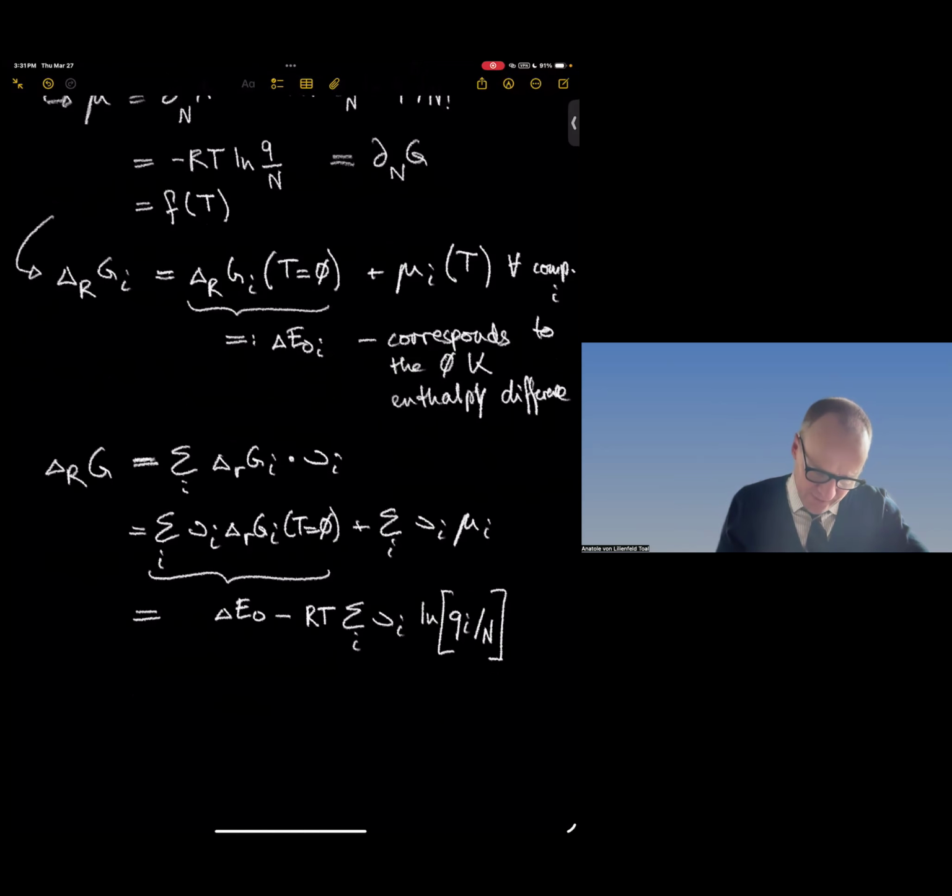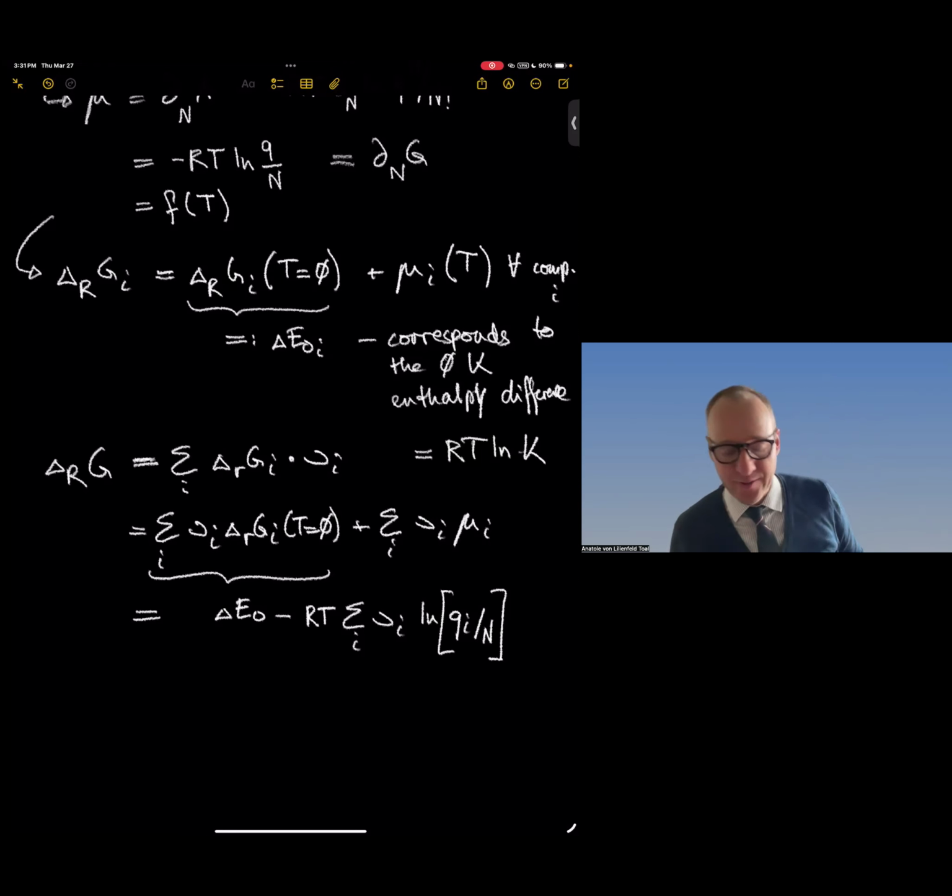And at the same time, of course, we know that all of this has to be equal to RT logarithm K. Okay, that's what we've shown last time.